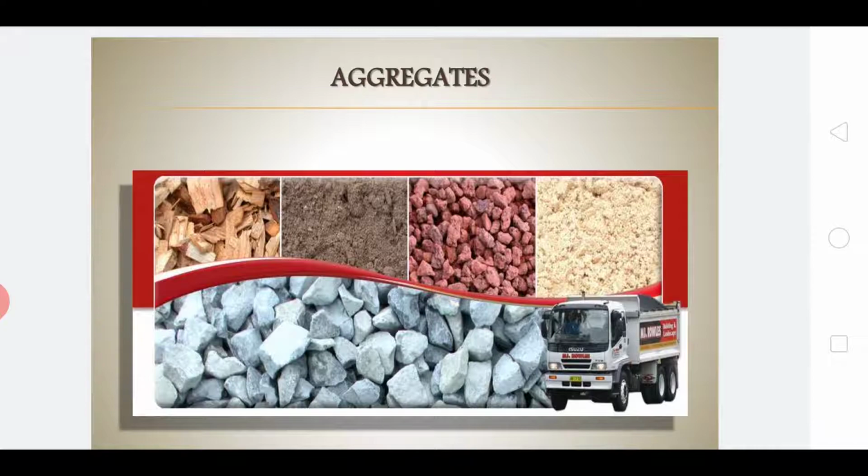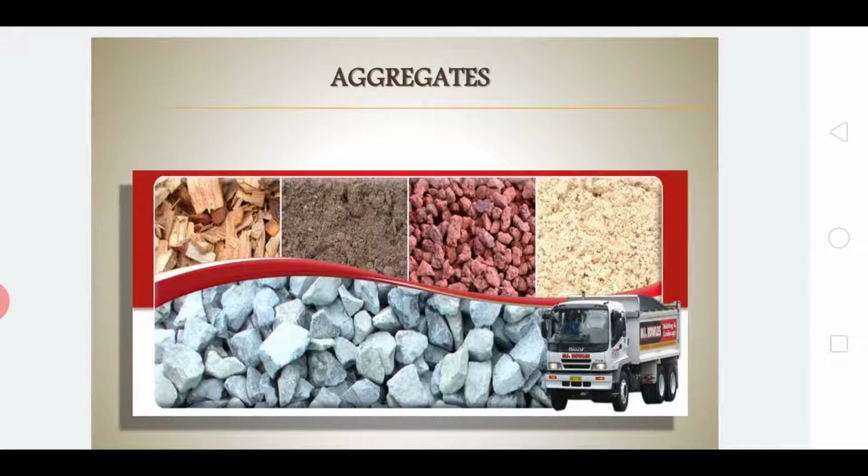Then if you are constructing cross drainage structures, or lower layers like granular base course, or granular sub base courses, or lean cement concrete sub base, or as I mentioned, drainage layer. So like this, stone aggregates play a very important role in the construction of highways.